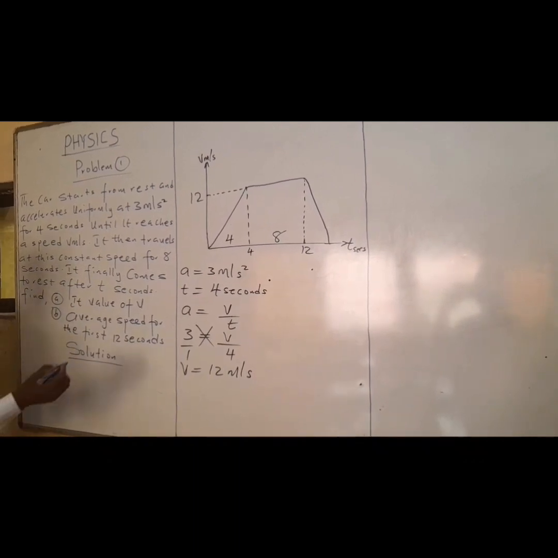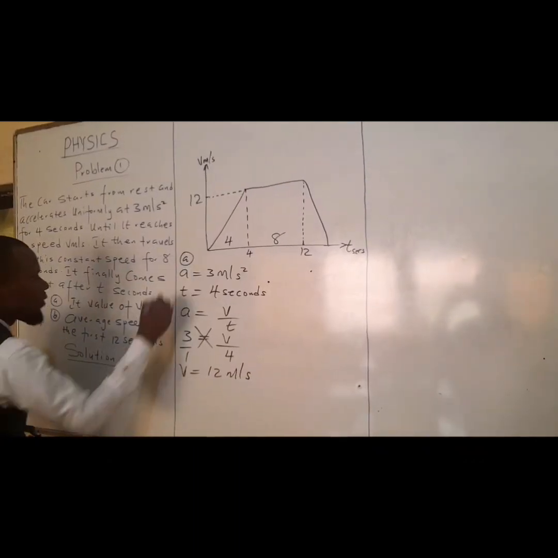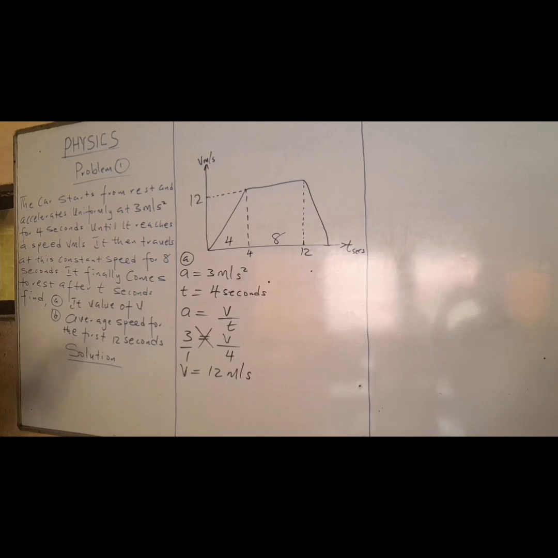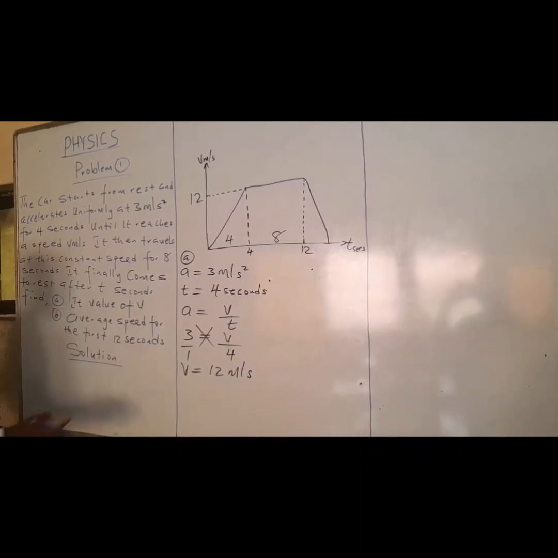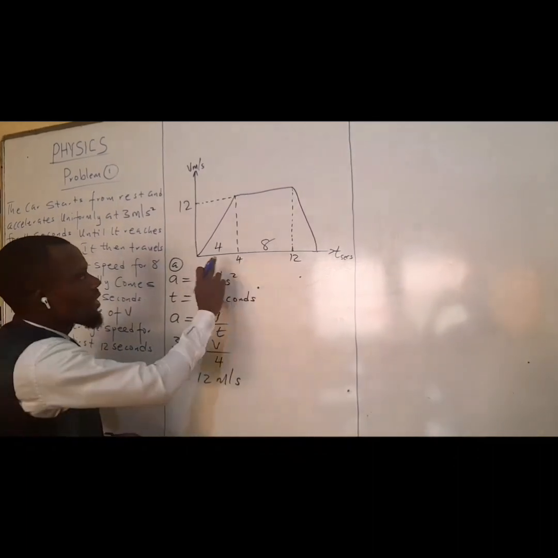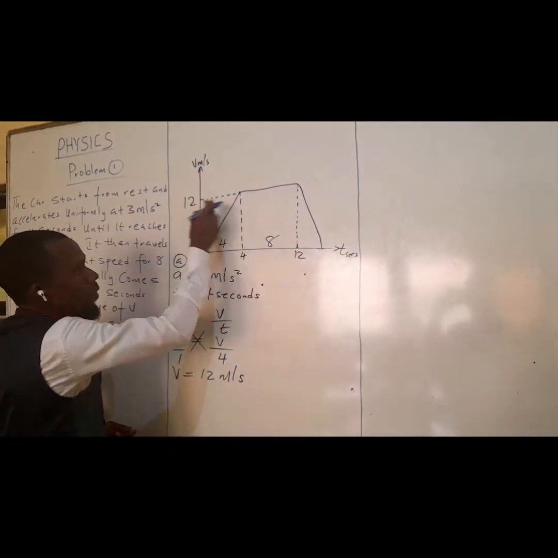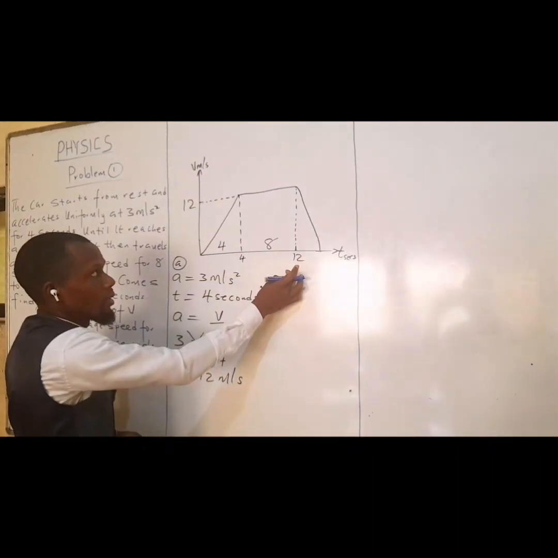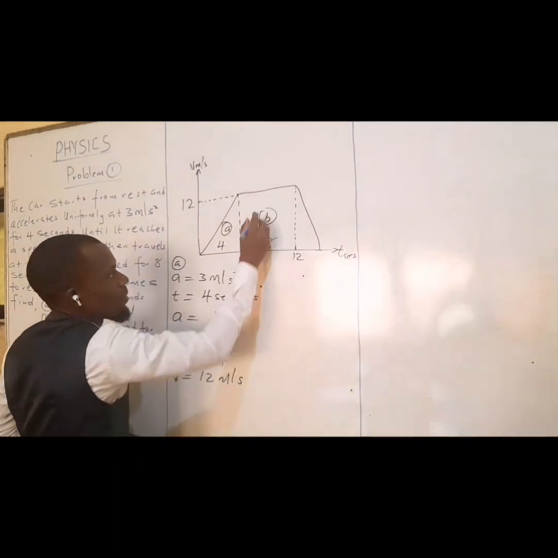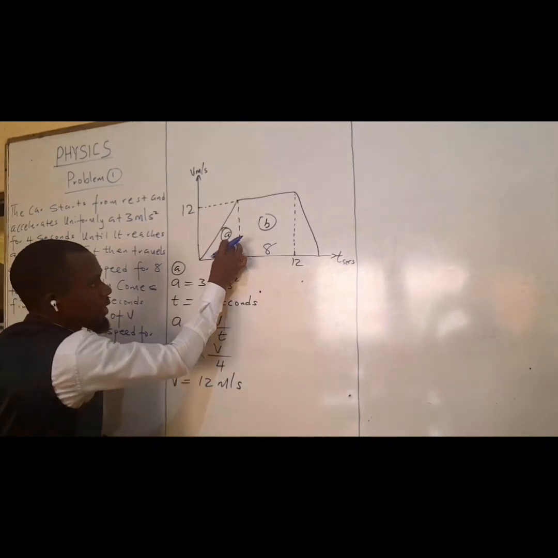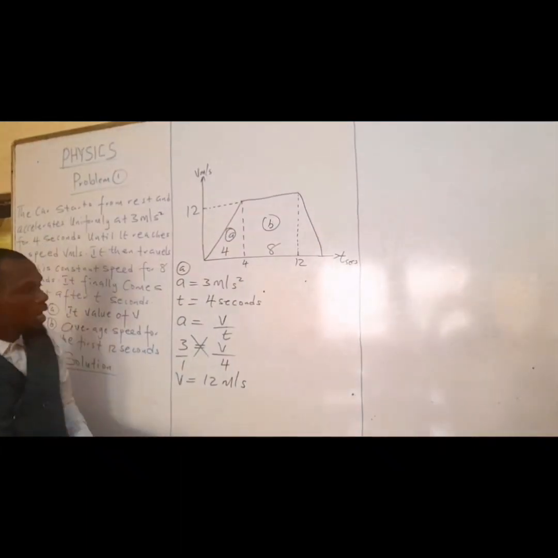So A is solved already. Let me come to my B. Let's now find the average speed for the first 12 seconds. That means my average speed from this particular point to this point. This is A, this is B. How will I do that?